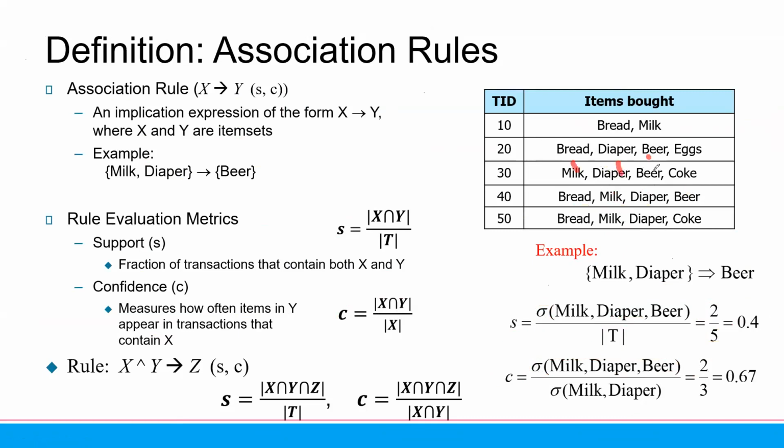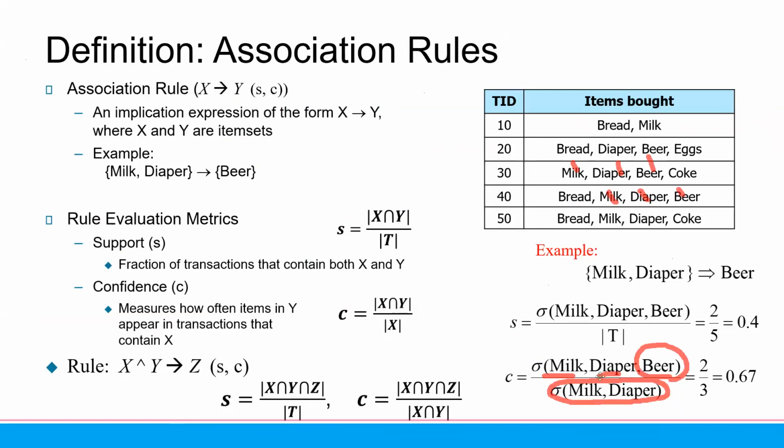Milk, diaper, beer. There are 2. And then I want to know if someone bought milk and diaper, he or she will also buy beer.